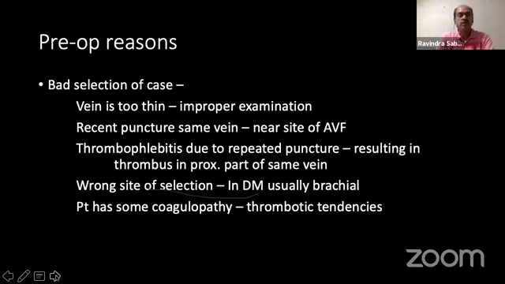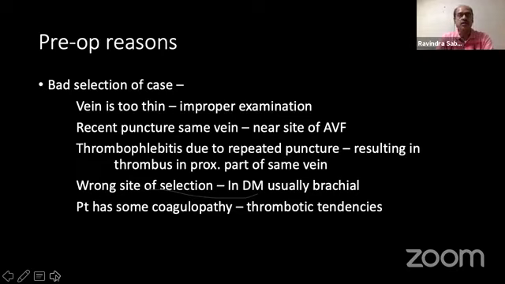So if you select a vein which is too thin, and if you don't examine properly and just casually see, yes, it is all right, and then intraoperatively you find that the vein is too thin, then that is not going to get matured, that is not going to get dilated. It is very difficult to do technical anastomosis, and that can be the first step of failure, and that is not acceptable. So examination is very important.